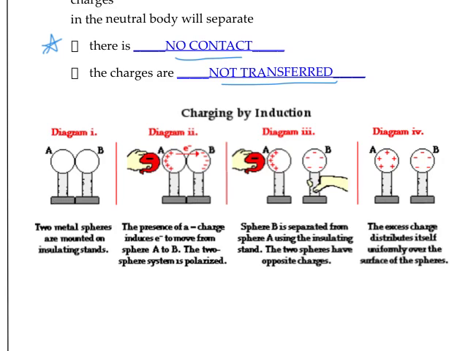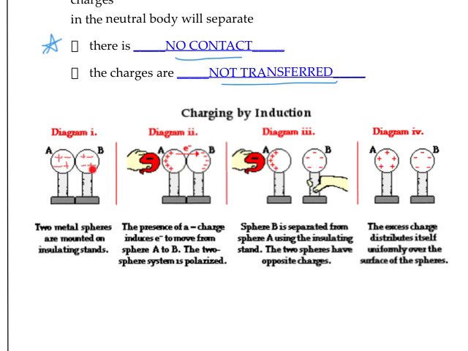So for our example, we can think about two metal spheres, and they each have an even number of positive and negative charges. Well, they're said to be neutral because they're the same amount of positive and negative. When we bring an object that's negatively charged near one of those objects, you don't have to actually make contact.